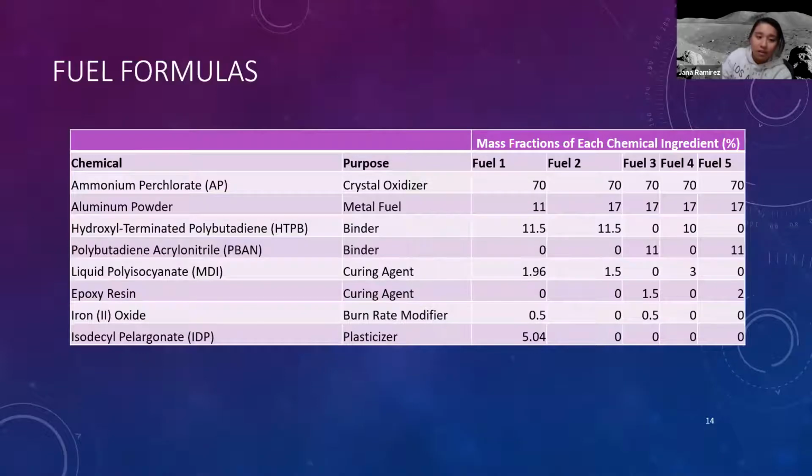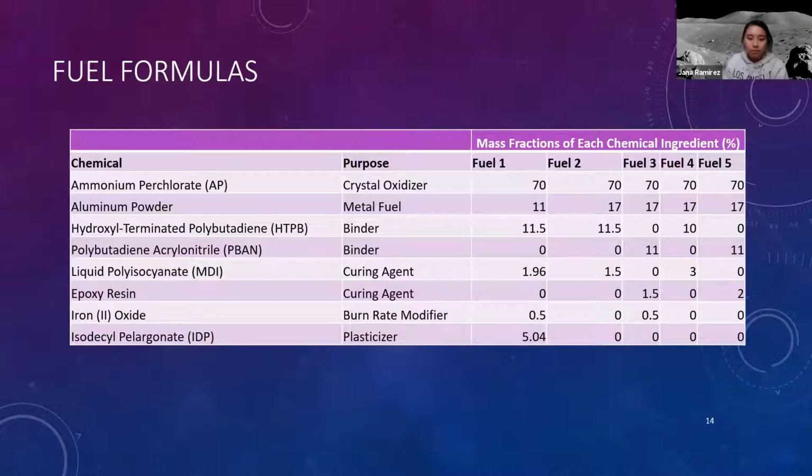So this table is a breakdown of each of our fuels by percentage of each chemical. So we have used, as Jana had said, ammonium perchlorate, aluminum powder, and iron oxide. Those were our powders. And HTPB, PBAN, MDI, epoxy, and IDP as our liquid mixing.